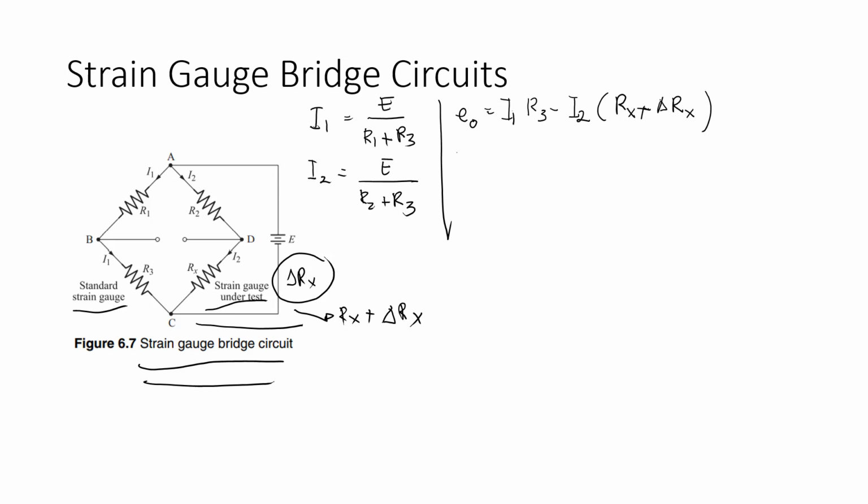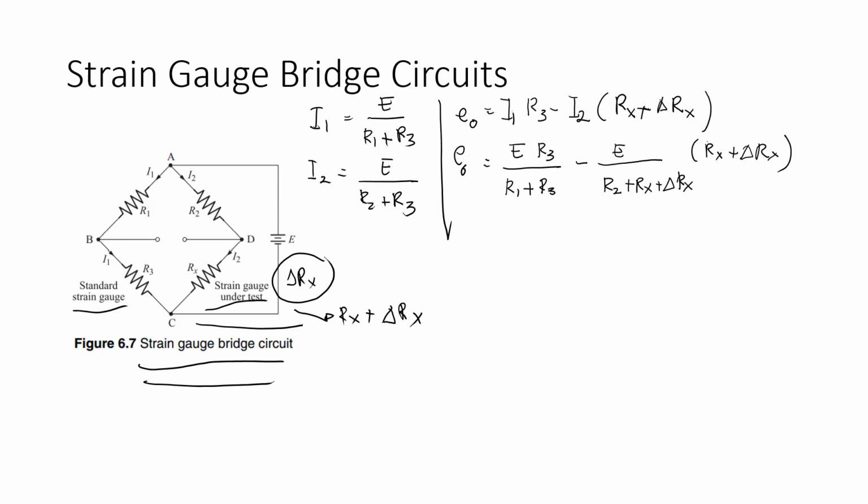So we got that EO is equal to, replacing I1 with E per R1 plus R3 dot R3, minus I2, which is E per R2 plus Rx plus delta Rx, multiplied by Rx plus delta Rx.